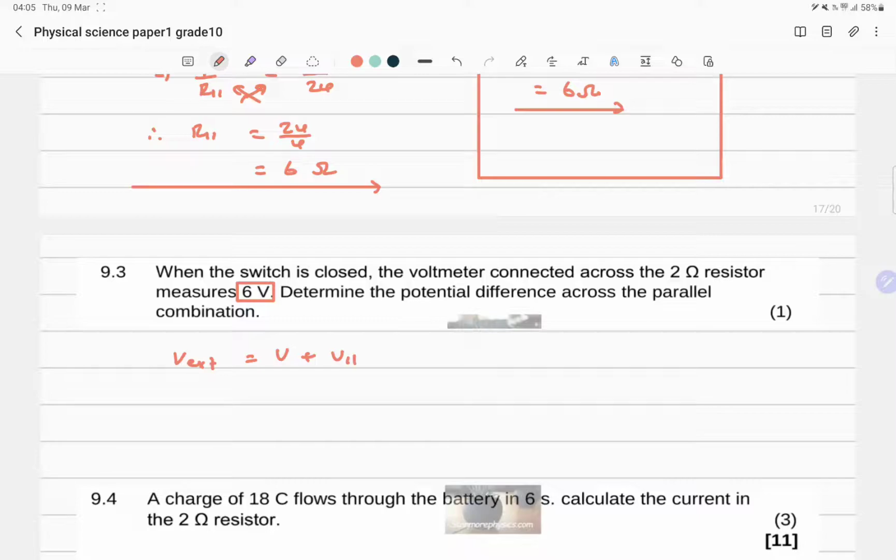Yes, so now we want V parallel, therefore V parallel is going to be V external minus V. This is 24 we were given, and then V is now 6. So that is 24 minus 6, it becomes 18 volts.